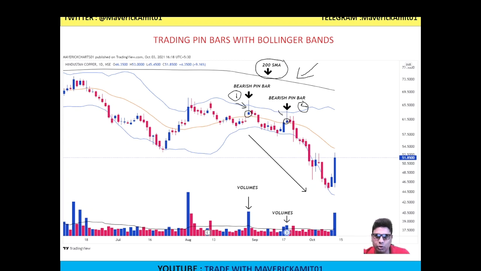Both these candles have got long tails, and they cut through the upper Bollinger Band. So can you see this? They are cutting through the upper Bollinger Band. That is an important condition, and in both the cases the volumes are on the higher side. It is more than the 20 simple moving average. Now if my volume condition is not met, this setup is not valid.